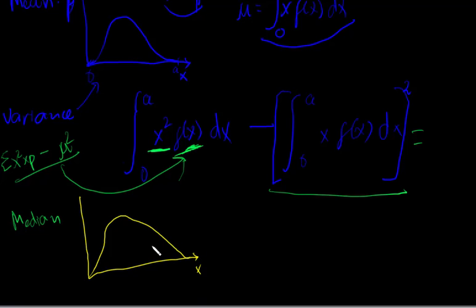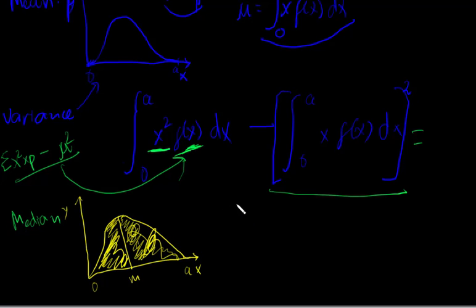This is x. The median is where there is 50% of all the values on one side and 50% of all the values on the other side, or 0.5. So this is point m, and this is 0 and this is a.